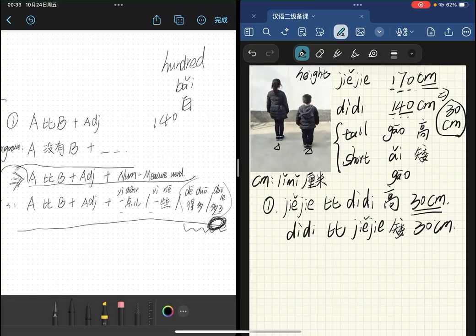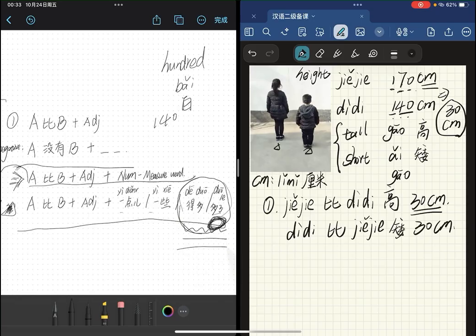I think 30 centimeters is a big difference, right? So if I want to make a sentence using the second structure, now I know the height difference is 30 centimeters and it's a big difference, so I need to choose a word to express the big difference.